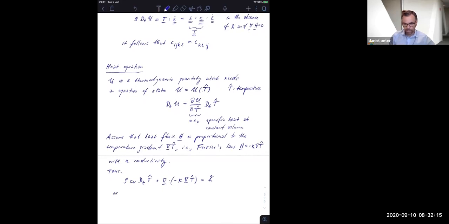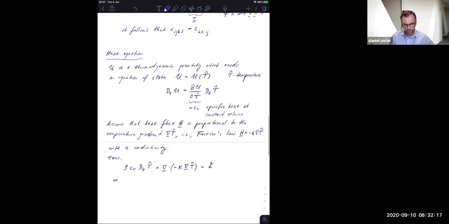So we can also rewrite it a little bit, putting terms together. So the specific heat, now instead of the material derivative, we use again the Eulerian framework.